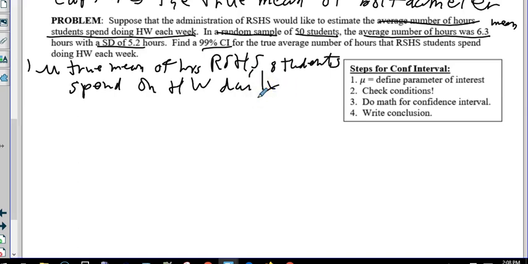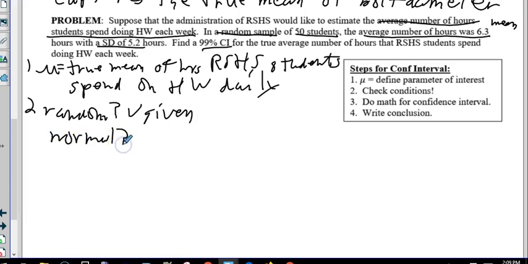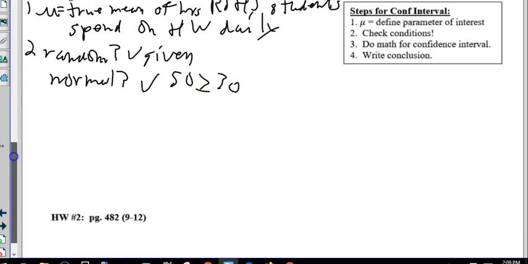So U is the true mean of hours Rockwood Summit High School students spend on homework daily. That's it. Number 2. Random, question mark, yes, given. They told us it was random. We underlined it. Is it approximately normal? Question mark. Yes, because 50 is greater than or equal to 30. And 50 was the number of students taken into consideration.